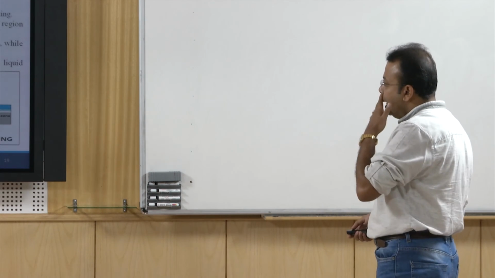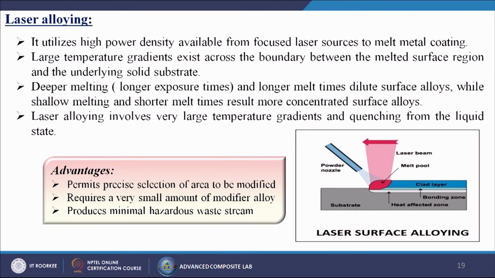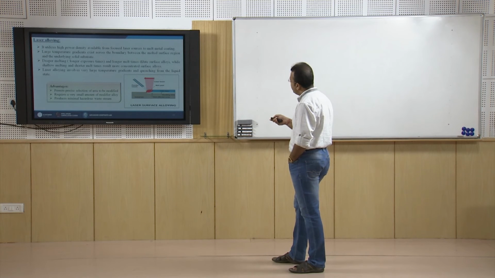Next one is called laser alloying. It utilizes high power density available from focused laser sources to melt a metal coating. In this figure, you can see we use a substrate, and we apply the laser beam, which can be moved over it.